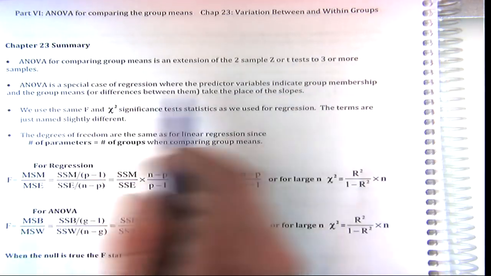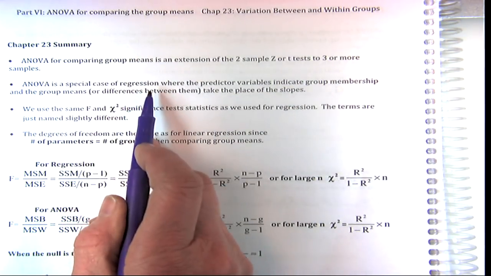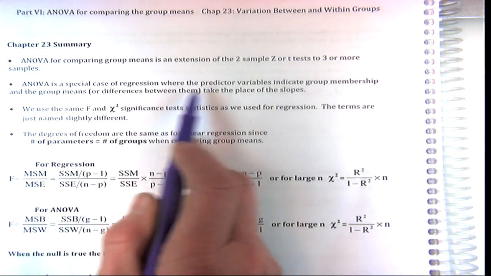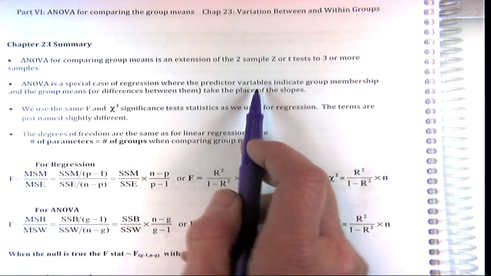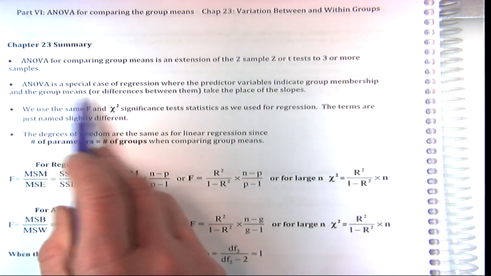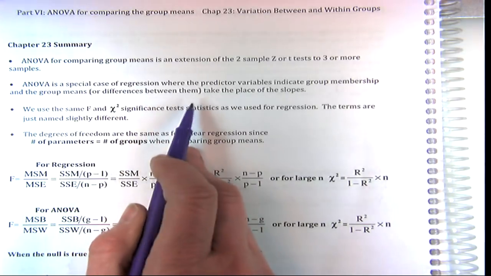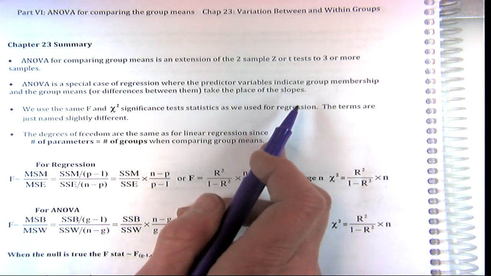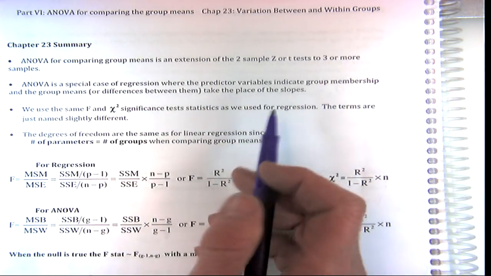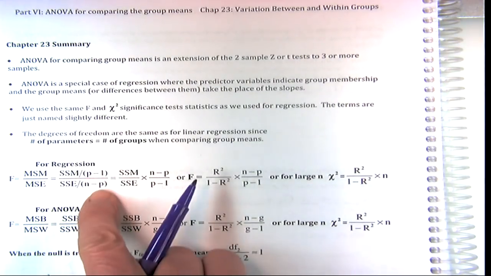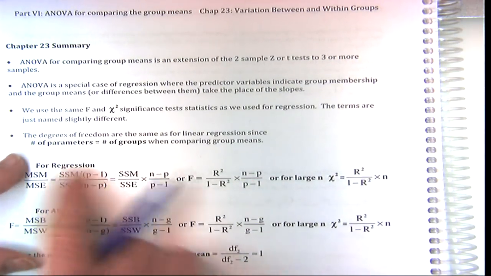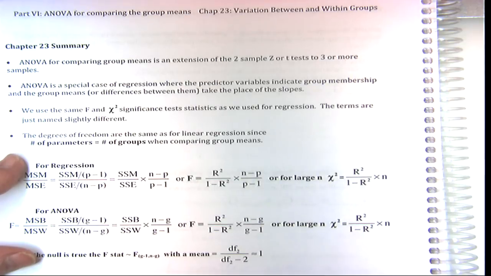But it's also a special case of regression where the predictor variables indicate group membership and the group means, or differences between the means, take the place of the slope. And that's why we can use the exact same statistics that we've developed before.